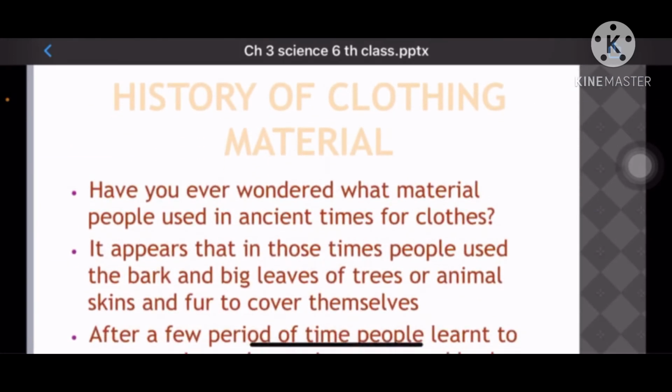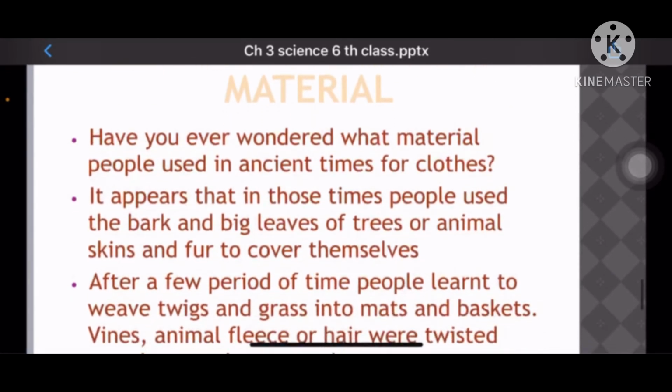History of clothing material. Have you ever wondered what material people used in ancient times for clothes? It appears that in those times people used the bark and big leaves of the trees or animal skin and fur to cover themselves.